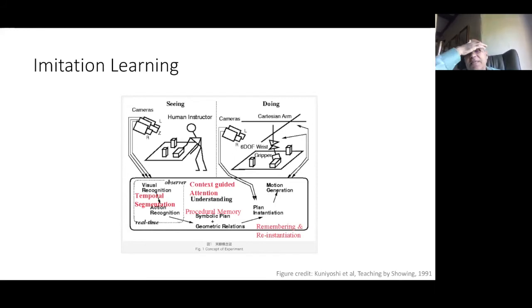Now, this idea has been around for a long time, and the term imitation learning is a broad term which includes a whole lot of other stuff. In the early days, in the robotics community, people tried to do this with more or less just replay mode. You take a robot through the movements. Suppose you want to get a robot to paint a car.